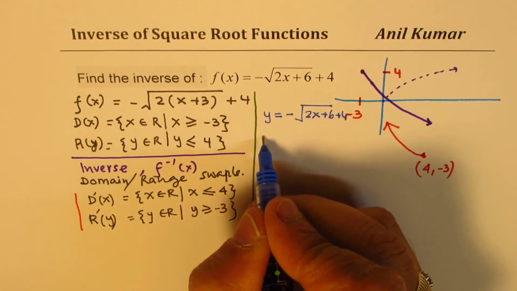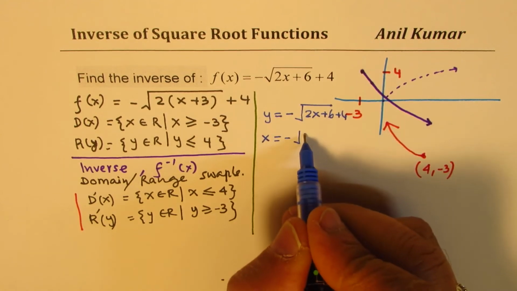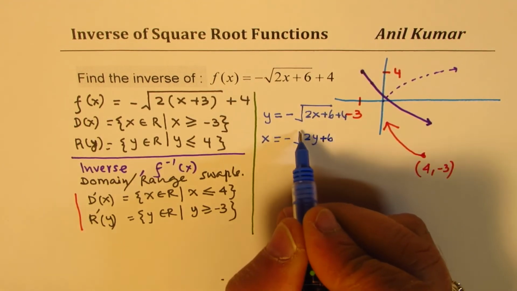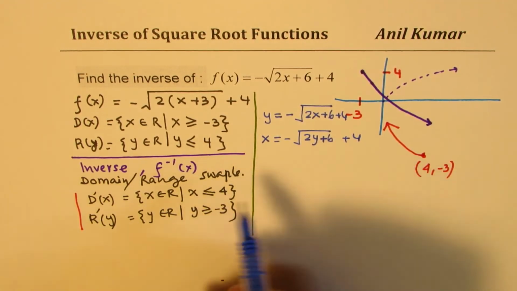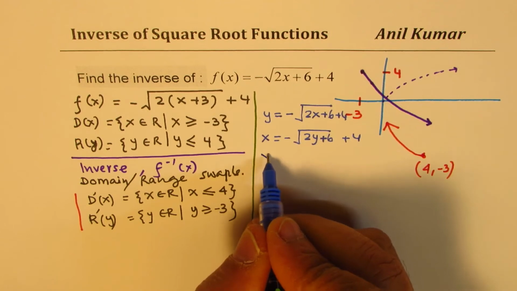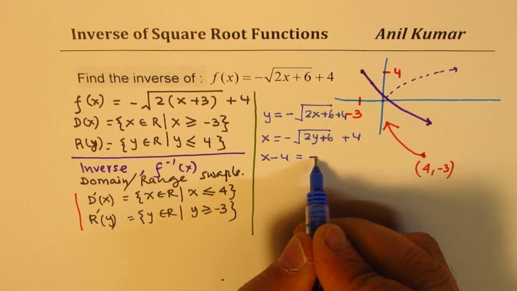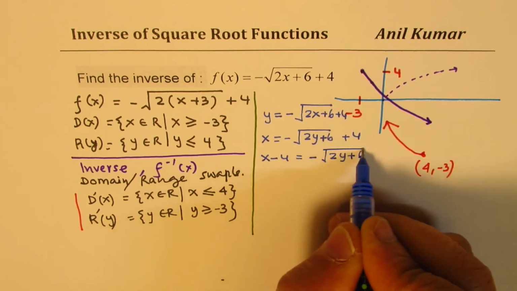So to find the inverse, we'll write this as x equals minus square root of 2y plus 6, plus 4, correct? Now we need to isolate y, right? So it becomes x minus 4 equals minus of square root of 2y plus 6.